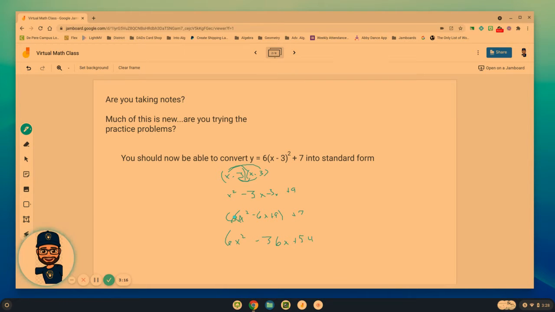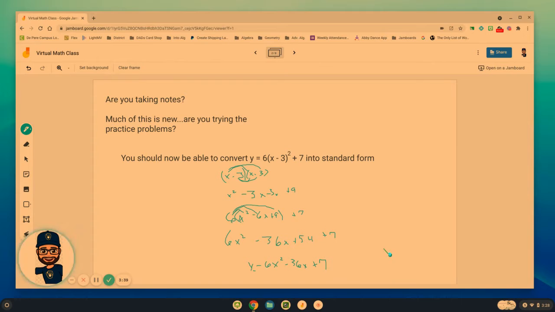That's called distributing that 6 to all 3 of those terms. And then we have that plus 7 on the end, which means y equals 6x squared minus 36x plus 61. So you should be able to convert vertex to standard form.